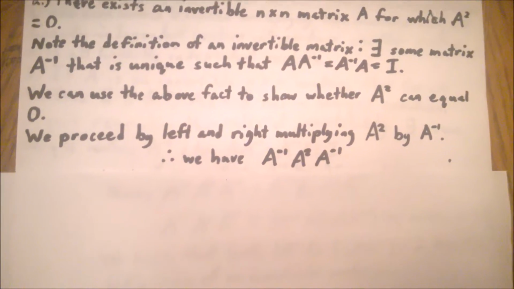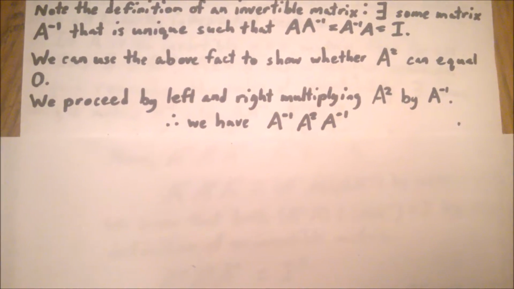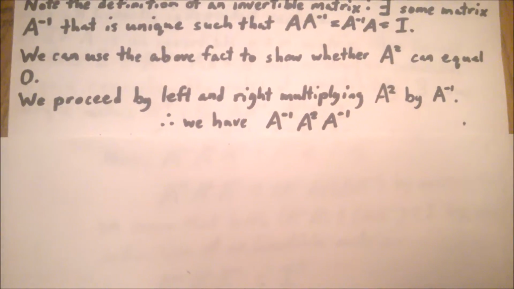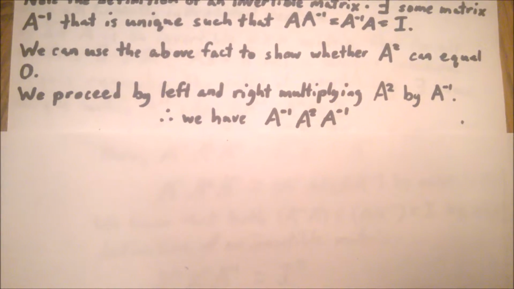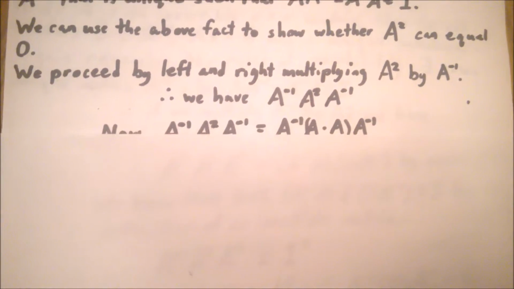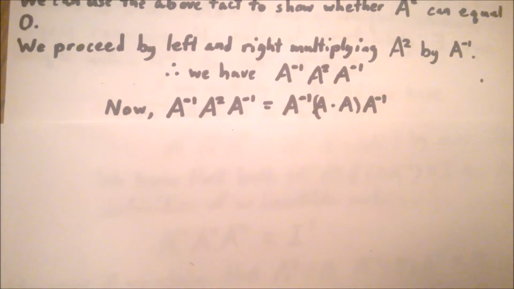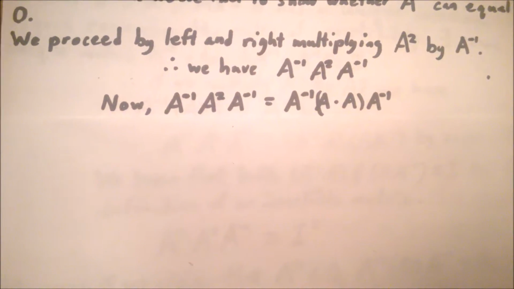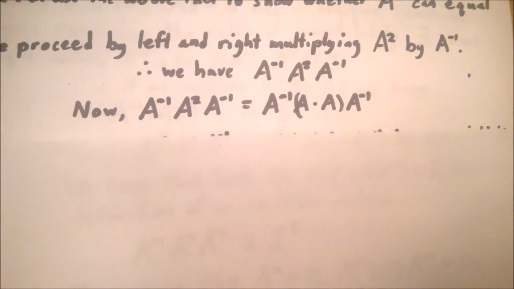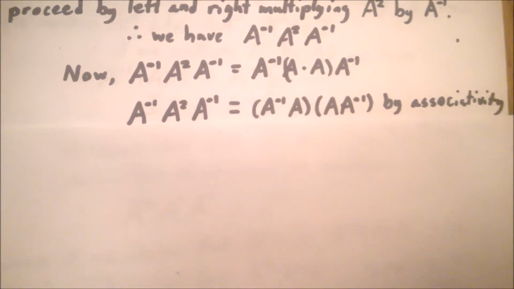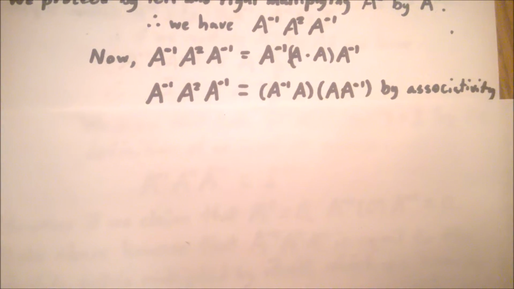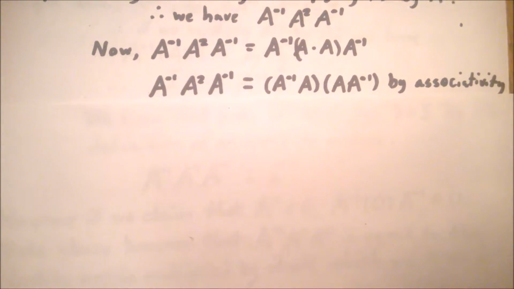So let's proceed by multiplying A squared by A inverse on both the left side and the right side over here. So now we have the equation A inverse times A squared times A inverse, which is the same thing as saying A inverse times the product of A times itself times A inverse, which by associativity we can write out as A inverse times A, and the product of that times A inverse.